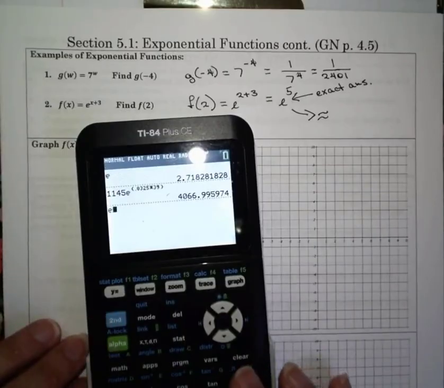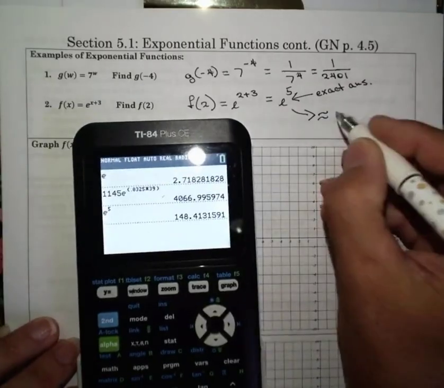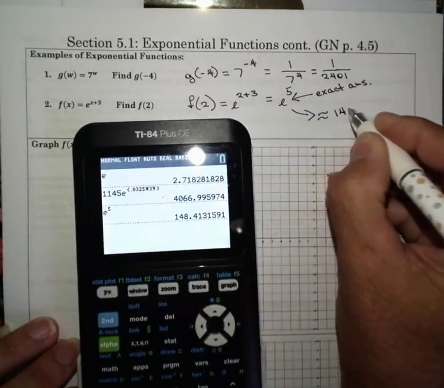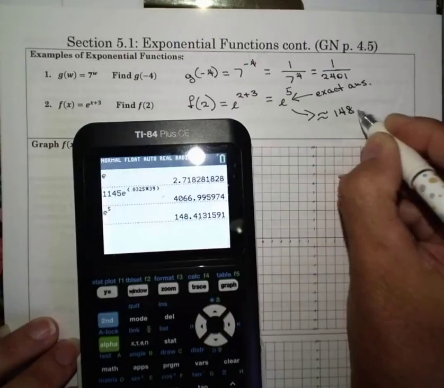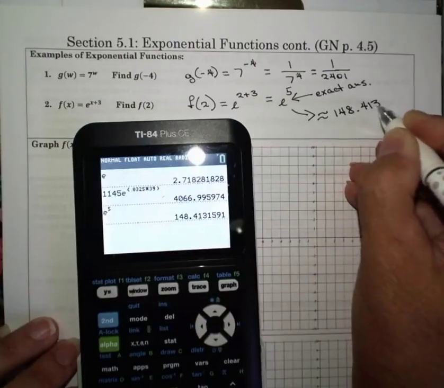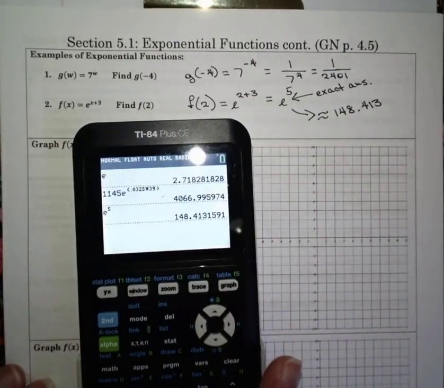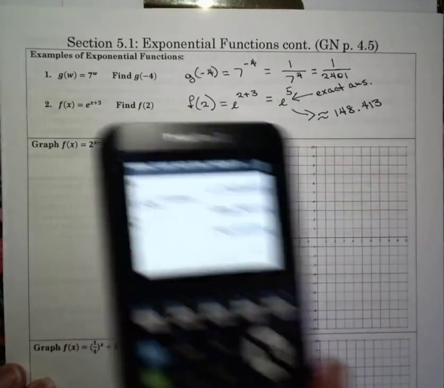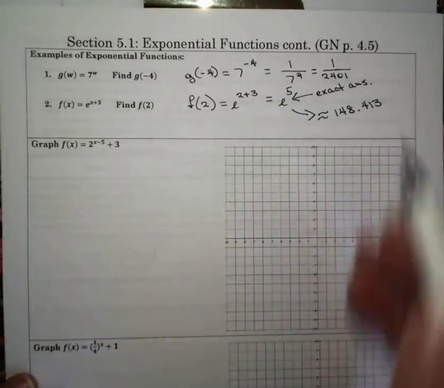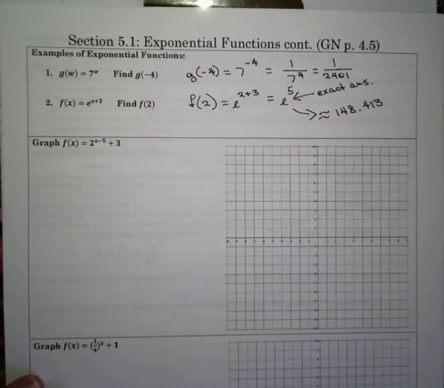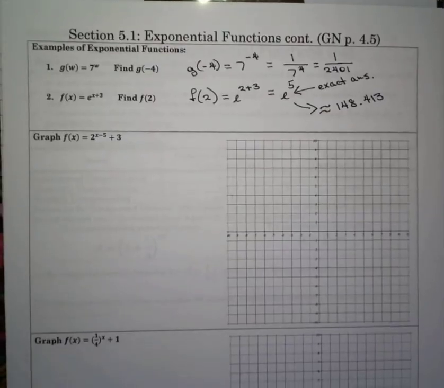So e, and then an exponent, and that exponent is going to be 5. When I hit that, it evaluates it, and the decimal is never going to end. So it's approximately 148.413, let's just go to 3 decimals. So you have an exact answer and you have an approximated answer when it's involving the number e.